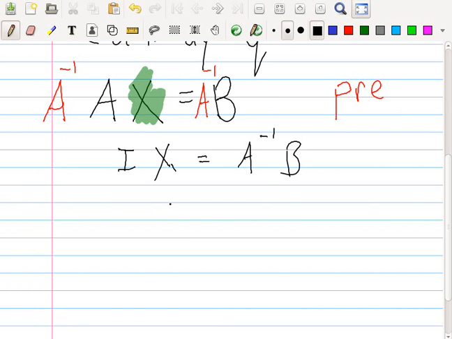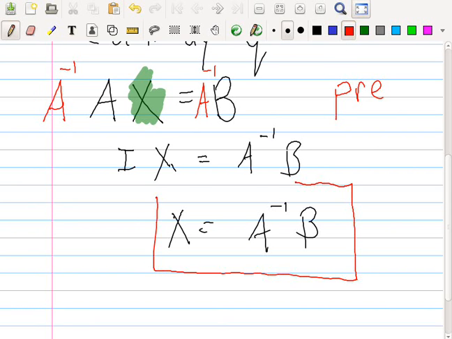X. X, yeah. So this is, in fact, our formula. That our answer X, what we want, is equal to the inverse of A multiplied by B. So we'll have a look at an example now using this.